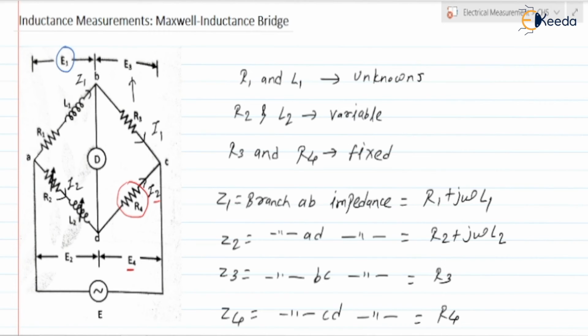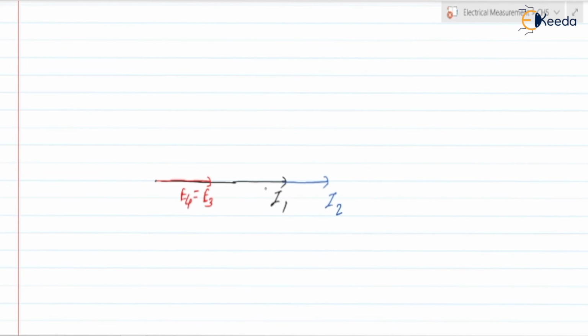So here we have the phasor for I1. Next, the phasor for I1 into R1 will be like this. And where is the phasor for I1 into j omega L1? It is nothing but the voltage across the inductor. As we know, the voltage across the inductor always leads the current flowing through the inductor by 90 degrees.